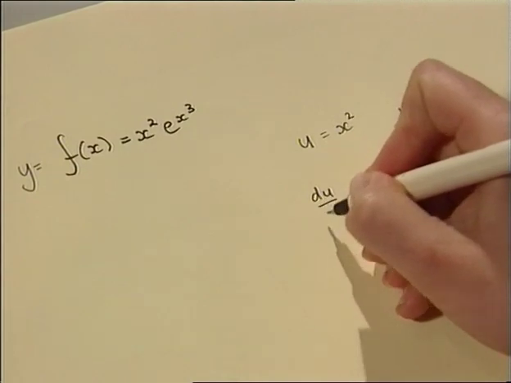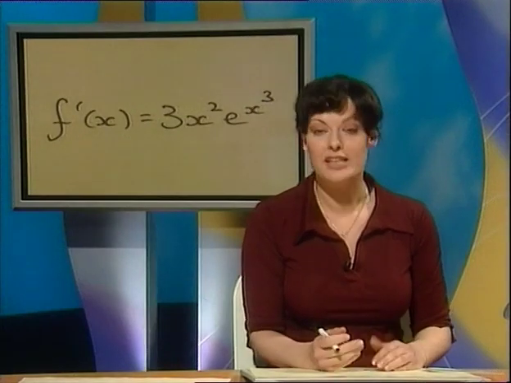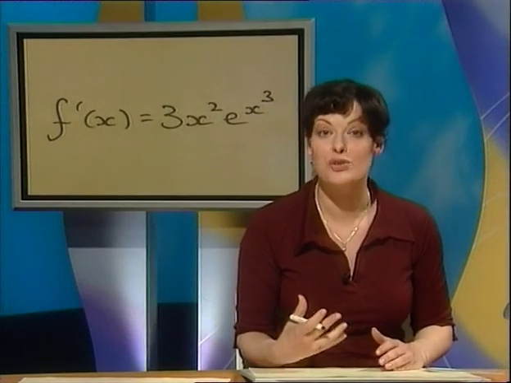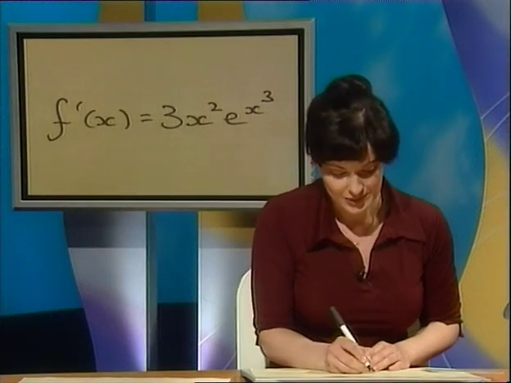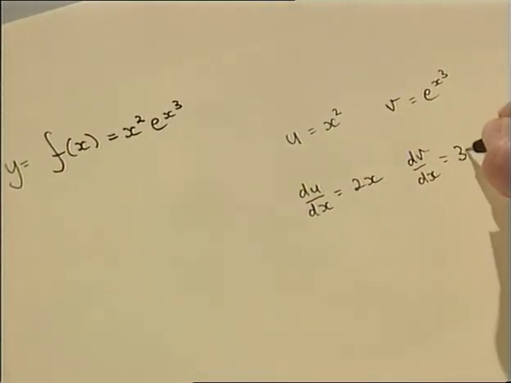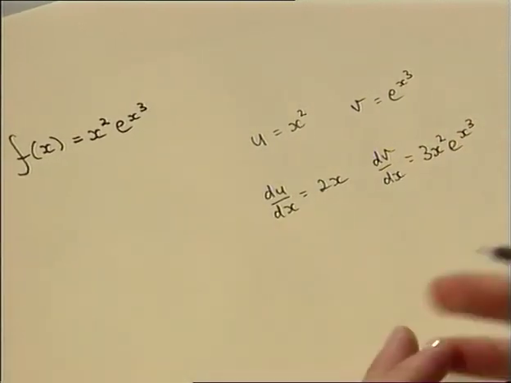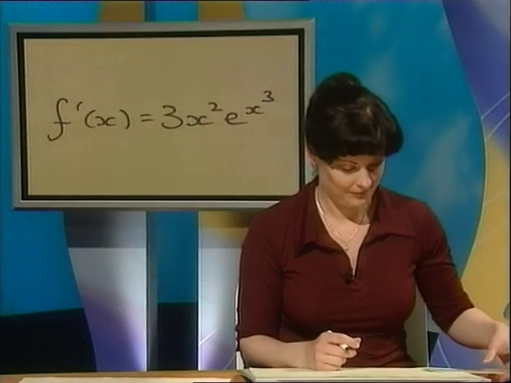That's du by dx equals 2x. Now v would usually cause me a bit of a problem. I'd have to stop and use the chain rule, but we've already done it. So dv by dx we found was 3x squared e to the x cubed. Well, that's great, because now I can use the product rule.